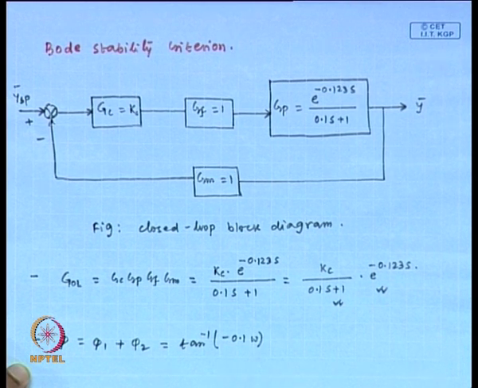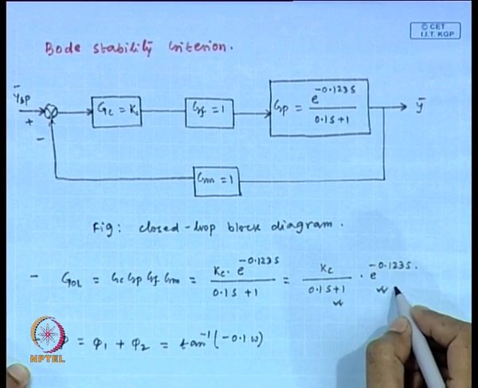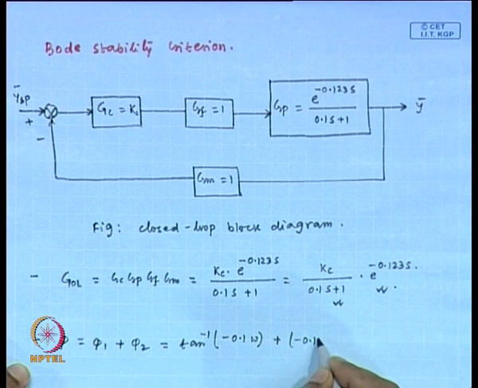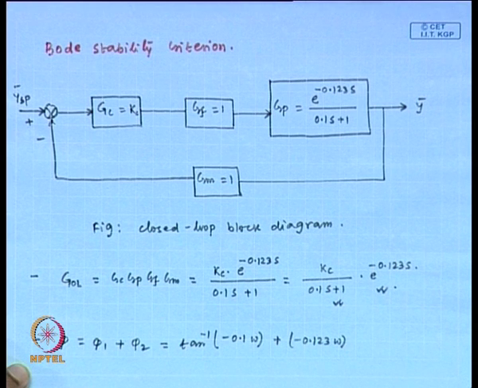Fine. And how much is phi for this dead time element? Minus 0.123 omega. Say this is in degrees, this is in radian.